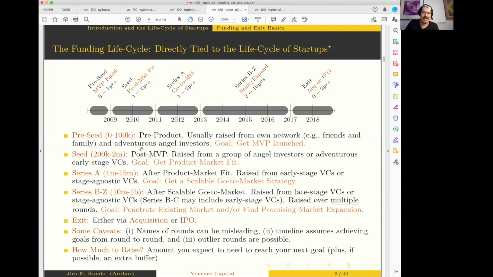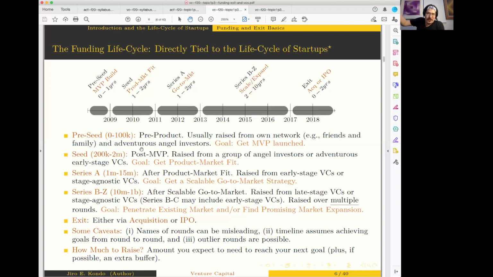That's why I'm going to use the word life cycle so many times in the course, because every time we analyze something, I'm going to ask: how does our analysis change if it's a really early stage company versus a later stage company versus when it becomes public?